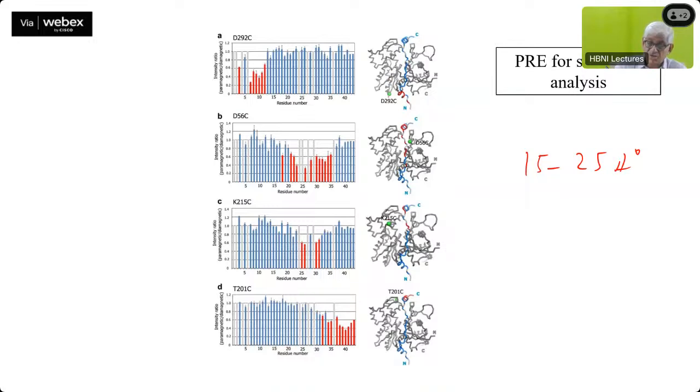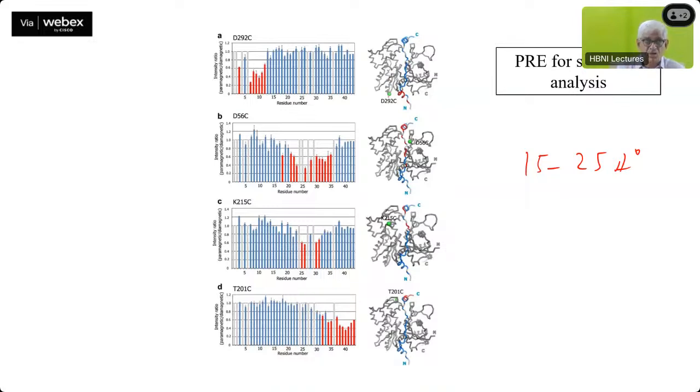So you put a label at this 292 residue, and you measure the intensities of the peaks of a certain section of the protein, in the presence of the label and in the absence of the label. The ones which come under the influence of this label get broadened because it causes the relaxation enhancement.